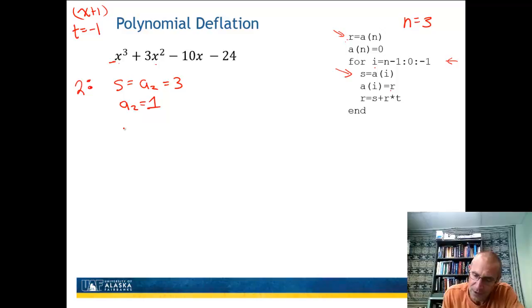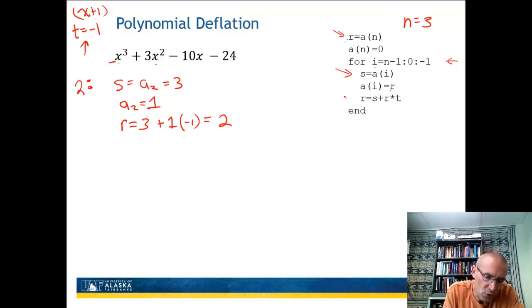And then the last step here is I've got to determine my new value of r. It's equal to my value of s, which I held on to, which is 3, plus my value of the remainder. The remainder started off at 1. And then my value of t up here, there's my value of t, and it's equal to minus 1. And so this all ends up being equal to 2.